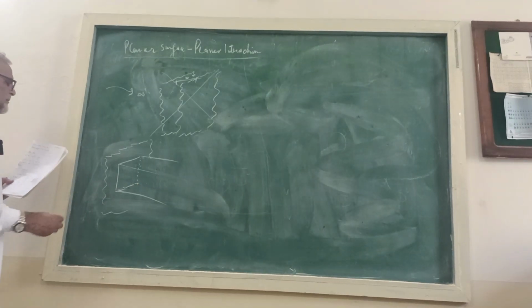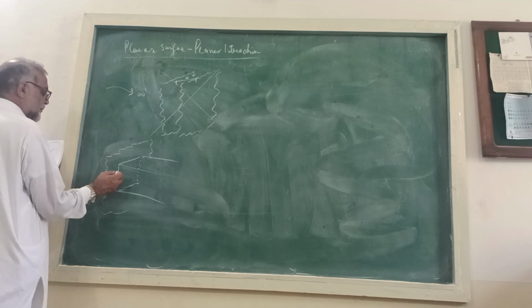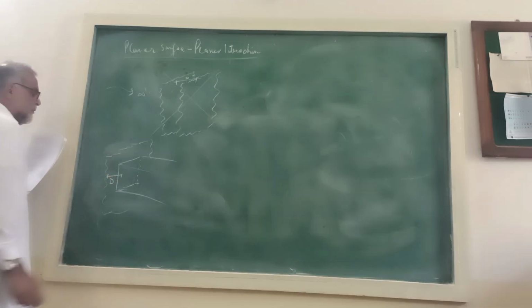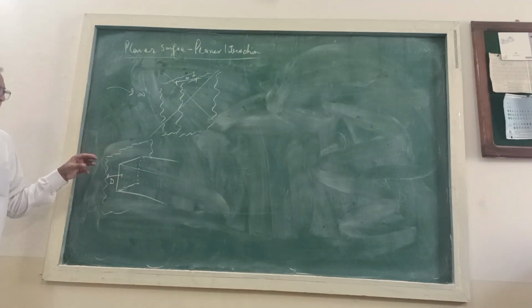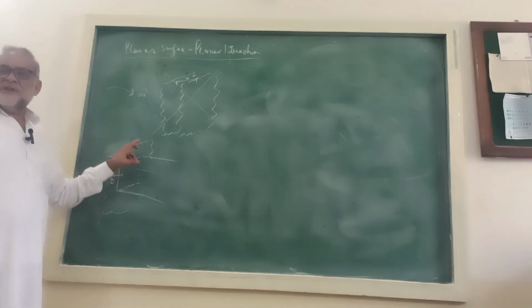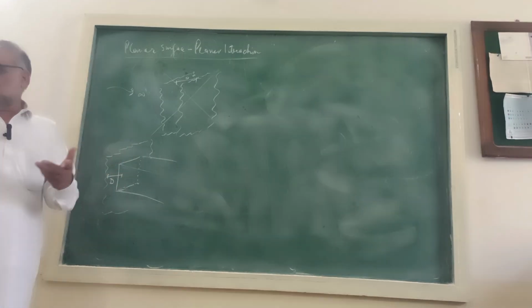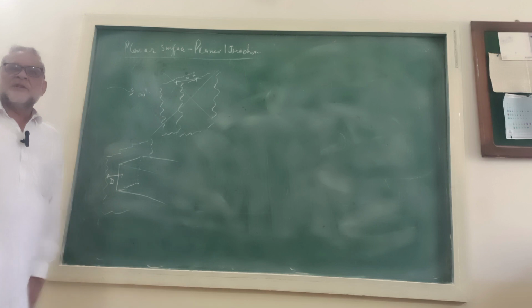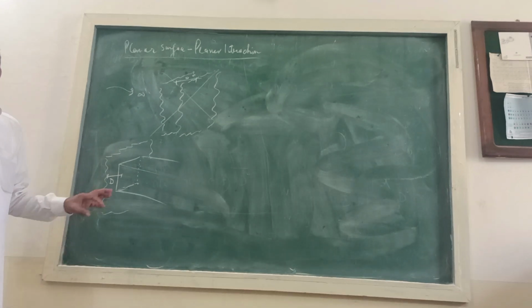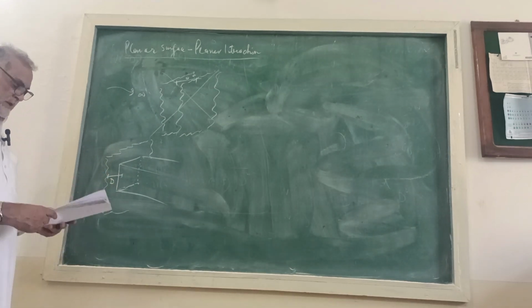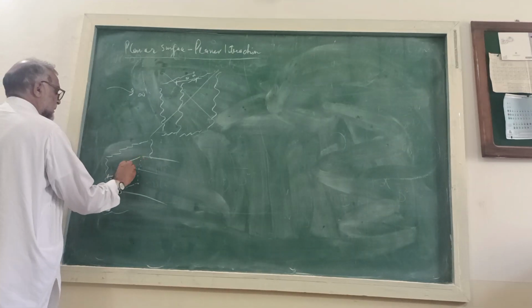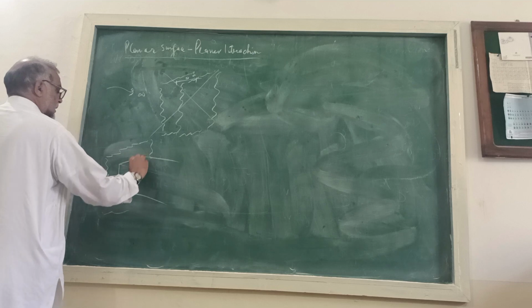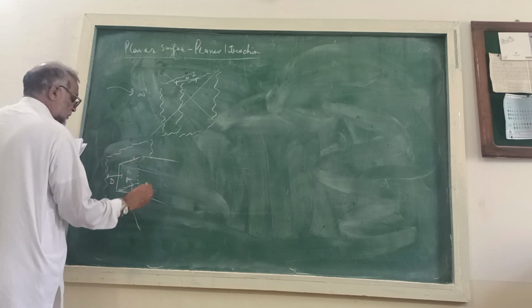Some unit area, at a distance from each other: an infinite plane surface and nearby it a unit area. 1 meter cube or 1 centimeter cube or 1 nanometer cube, something like that, of unit area, right? So this surface will be a unit area.